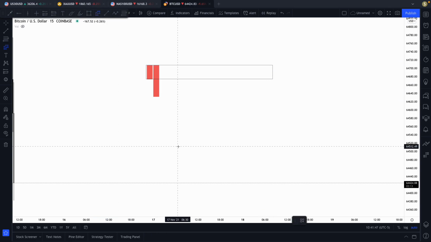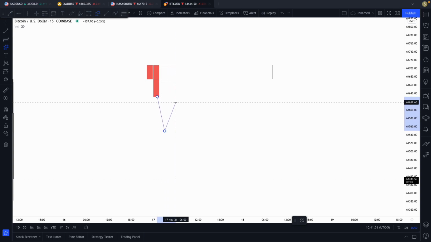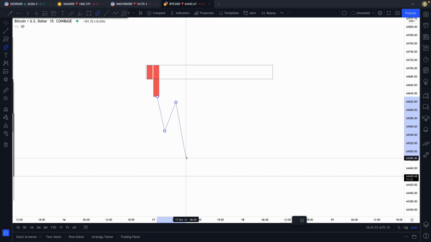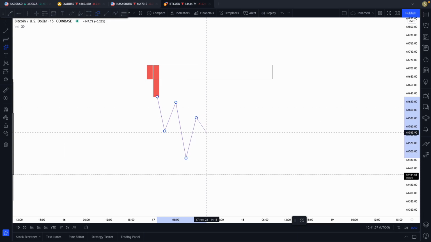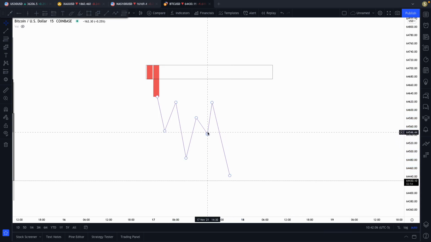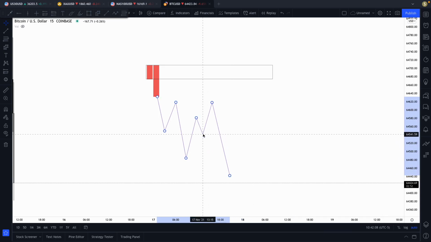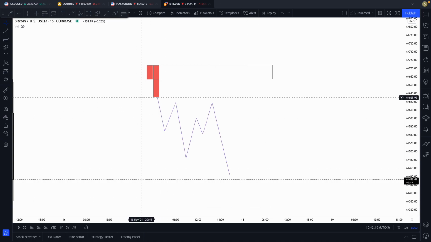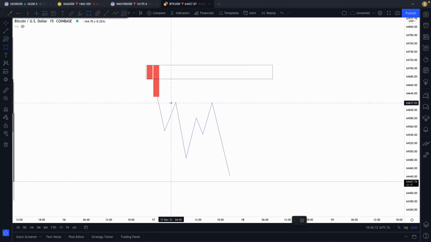Because sometimes you're going to see, let's say QML, you have your level like that, then market goes to the downside, then market creates something like this, and market touches the area there, then drops. Do you see this one, the one I drew just right now here? As you know already, for people that are trading QML, what they will look at is something like this.